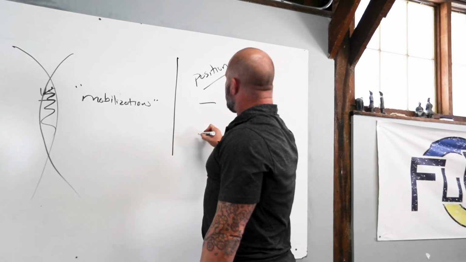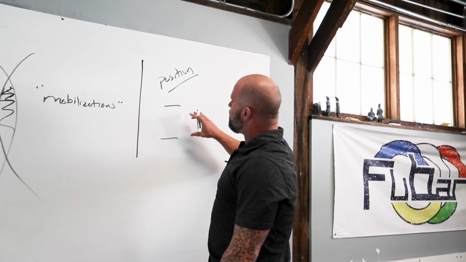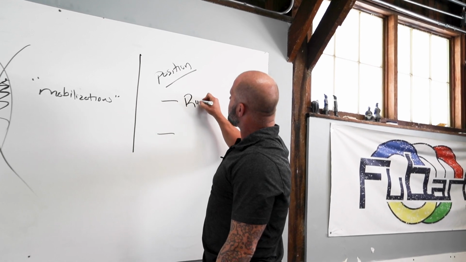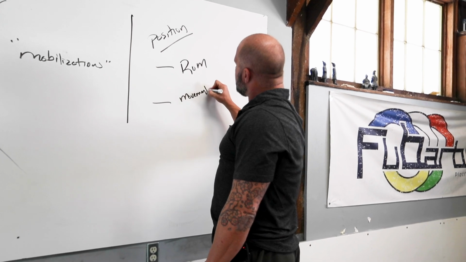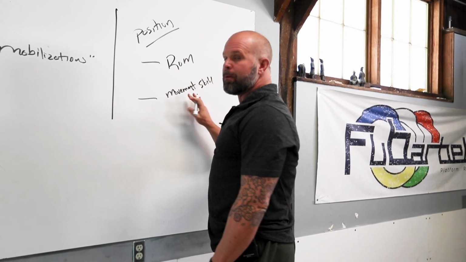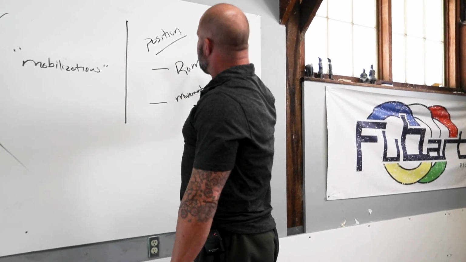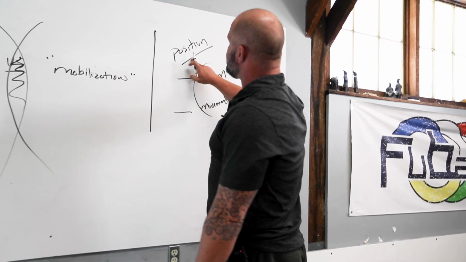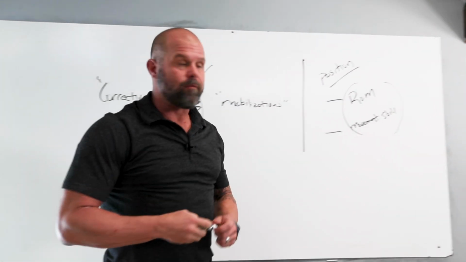For a long time we have said that mobility is my ability to have full range of motion, and movement skill. Some people might call this motor control, but we'll just call it skill, right? Technique. So these are the roots of position, which helps me understand the two choices I have over here.